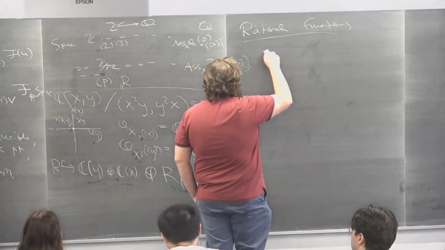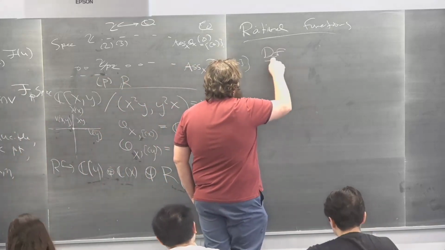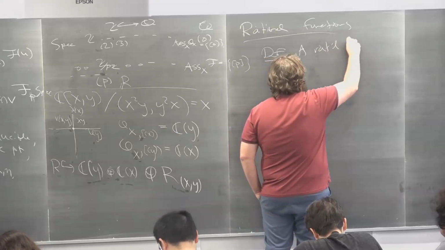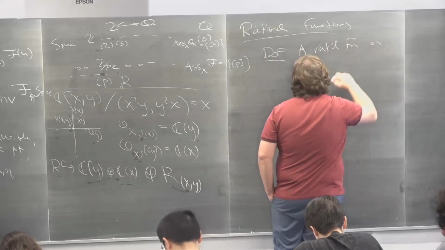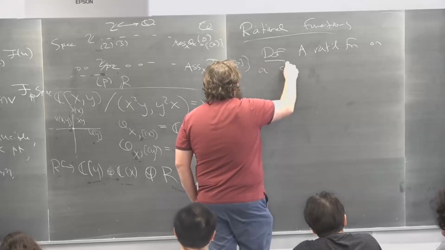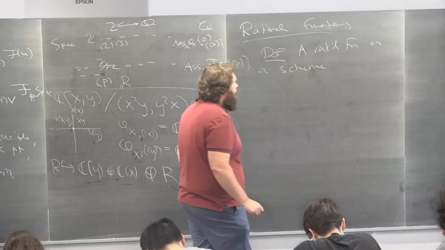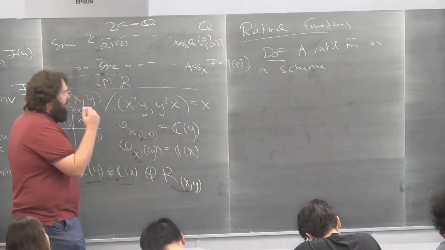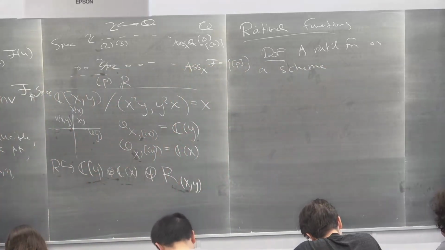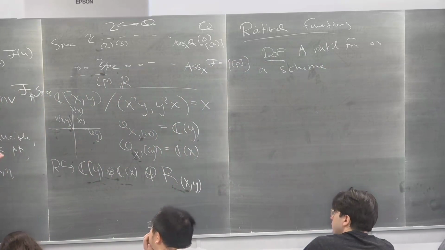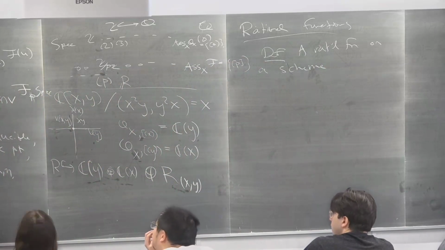All right, I don't have a lot of time, so let me just mention the definition here. Definition: a rational function on a scheme. A rational function on affine space is a function which is defined on an open subset. It's a function where I allow some polynomial in my denominator, so I have to remove the zeros of that polynomial.